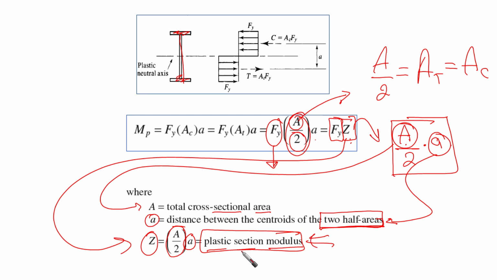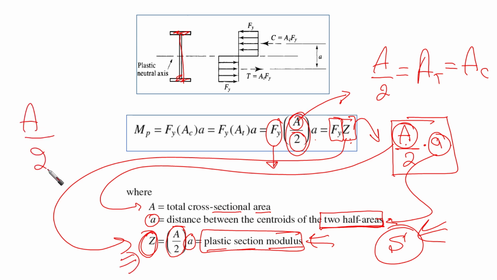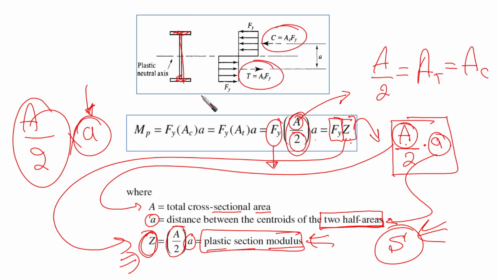Remember that the plastic section modulus is different from the elastic section modulus. I'm going to show it in a minute now. Plastic section modulus equals half of the area times a, where a is the distance between the compression and tension centroids.